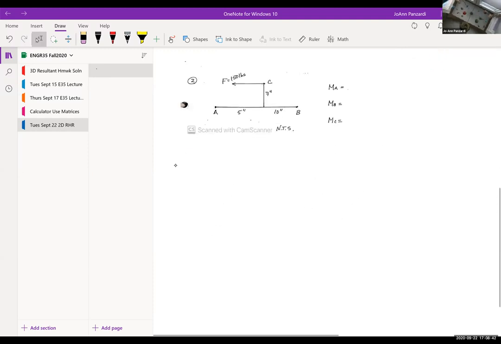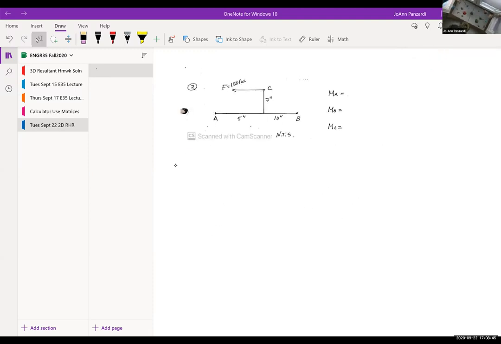I guess I'm going to leave it here. Okay, what do we have now? We have this bracket AB, and it has a bracket here too, and this is perpendicular.